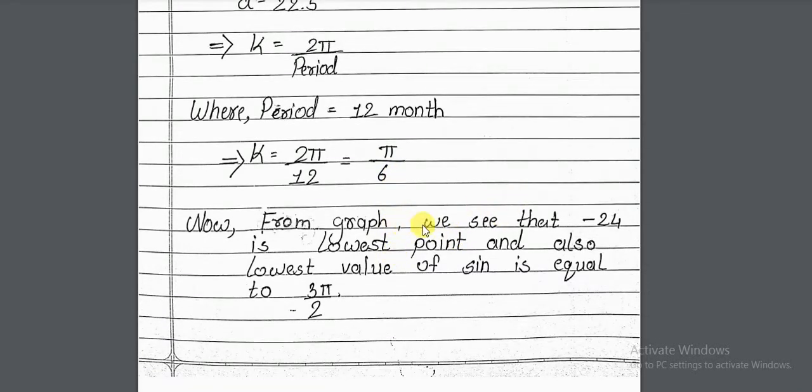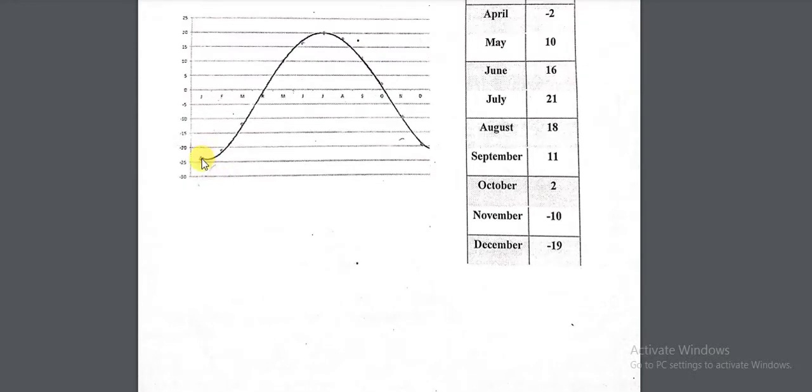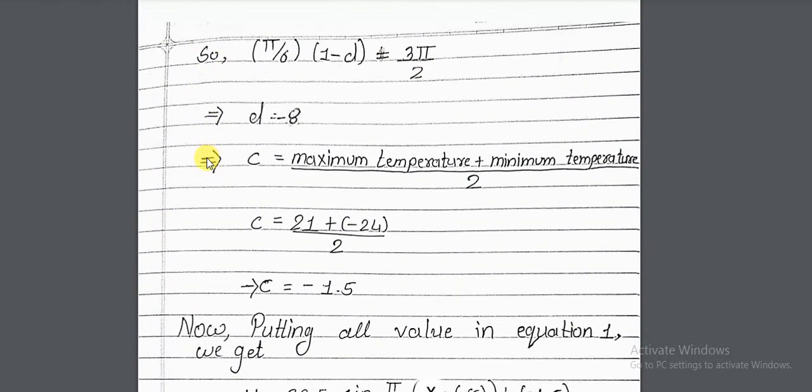From the graph, we can see that -24 is the lowest point, and the lowest value of sine occurs at 3π/2. So here is our graph. Here we can see this is the lowest point, which is -24. By this we can find our value of d. So d is equal to -8. c is given by (maximum temperature + minimum temperature) divided by 2.